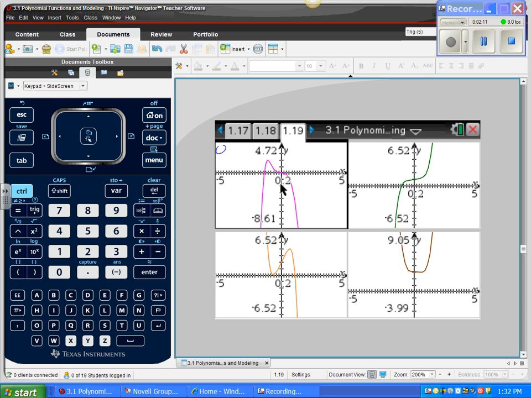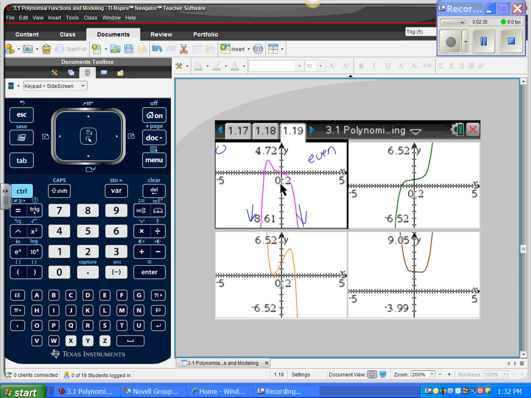Now, both my end behaviors are going in the same direction. We're going to negative infinity and negative infinity. Because they're both going in the same direction, that tells us that the exponent of the function has to be even.